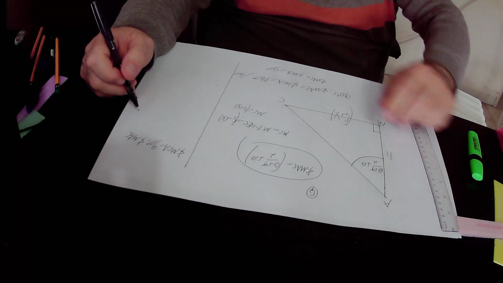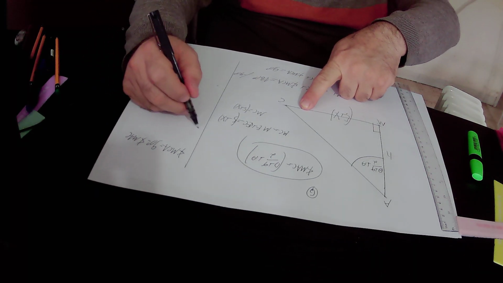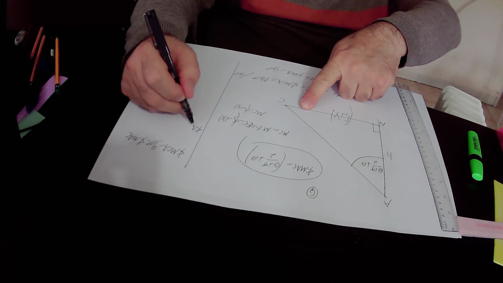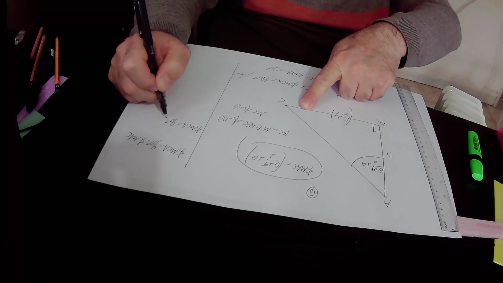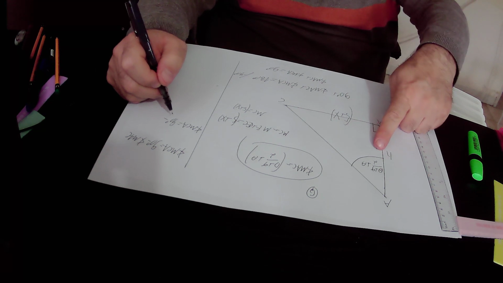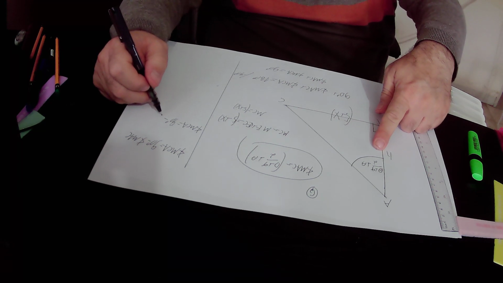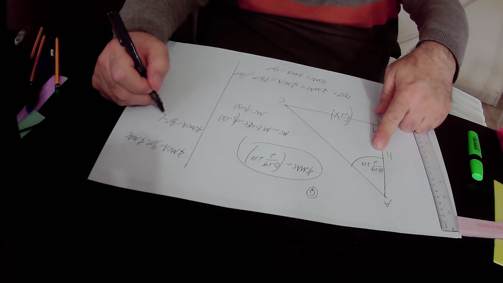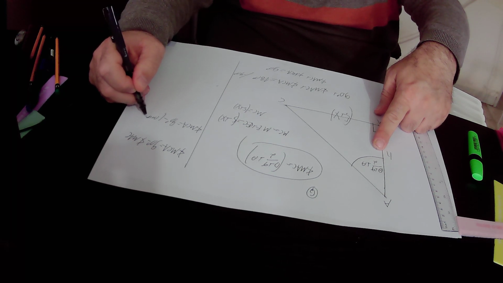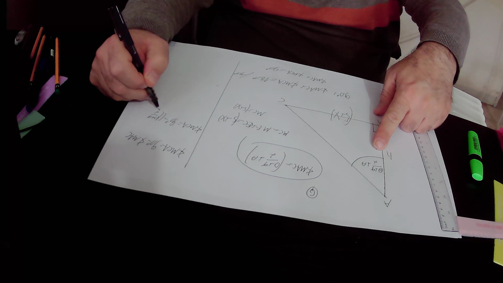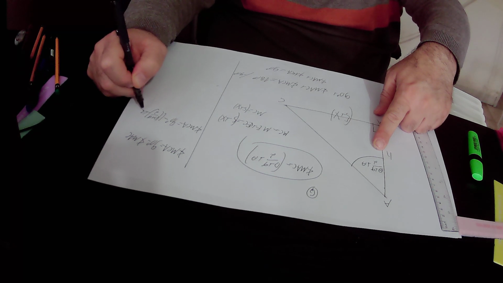So the value of angle MCA equals 90 degrees minus the value of angle MAC, which we have already found out is equal to theta plus alpha over 2 plus theta.